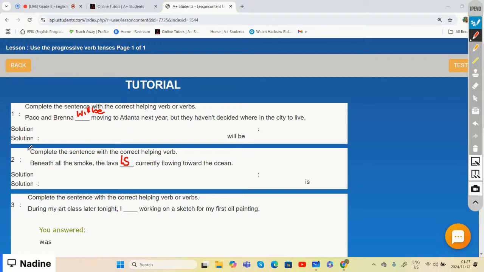All right. So now we're going to look at our test where we are going to use the progressive verb tenses.